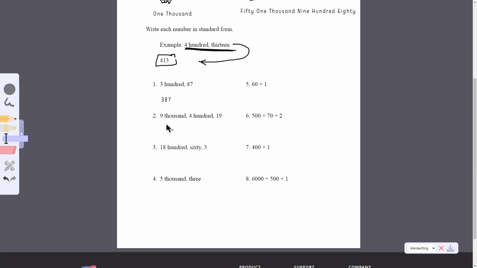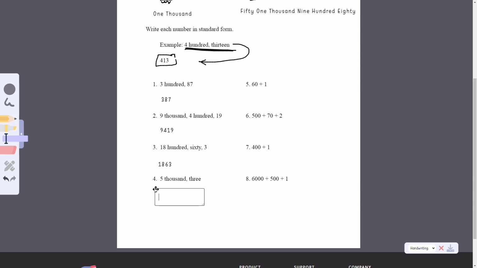Number 2, you could write 9,000 plus 400 plus 19, which would be 9,419. Number 3, 1,800 plus 63, 1,863.